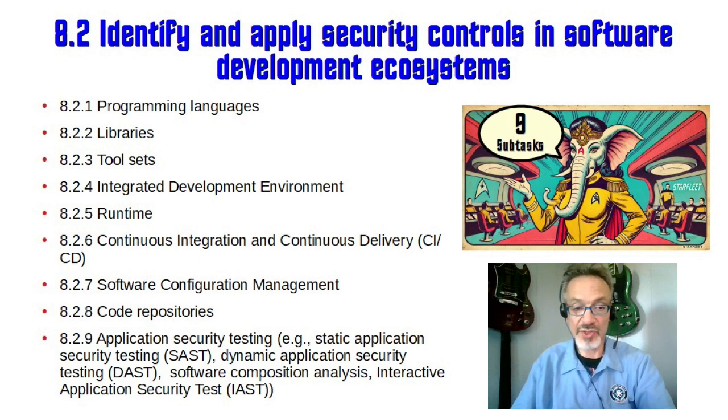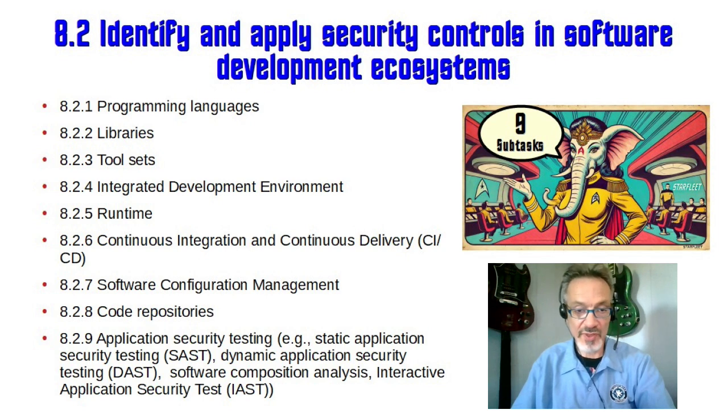7. Software configuration management. We'll talk about version control, baseline management, and how to ensure transparency and accountability through proper change tracking and auditing. 8. Code repositories. This section emphasizes the importance of secure code repositories, access control, branching strategies, and ensuring backups. And 9. Application security testing.